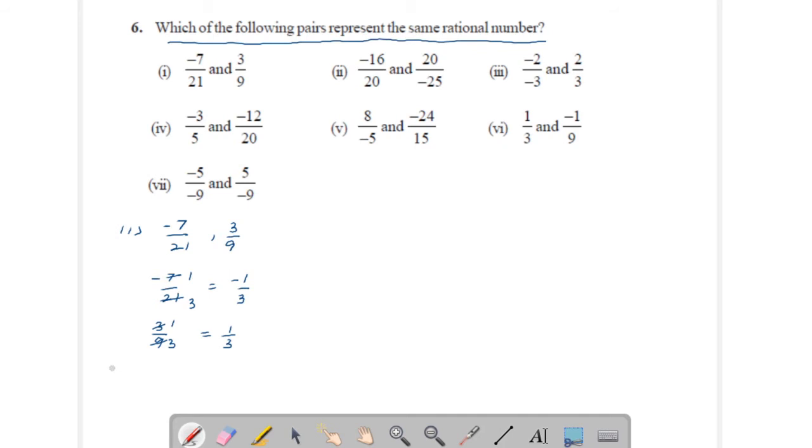Therefore we can say that minus 1 upon 3 is not equivalent to 1 upon 3. So minus 7 upon 21 is not equivalent to 3 upon 9.